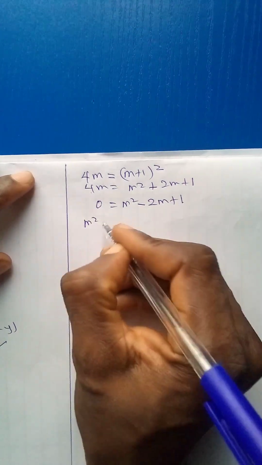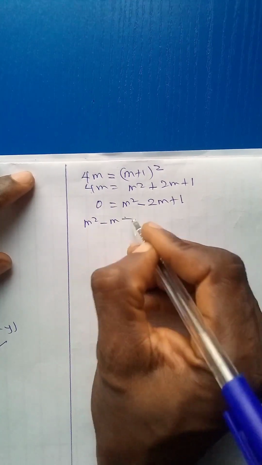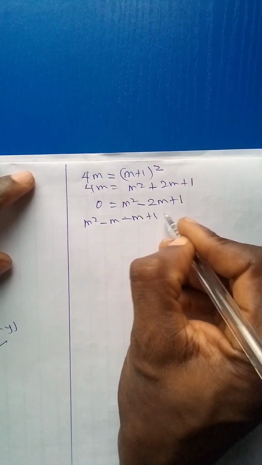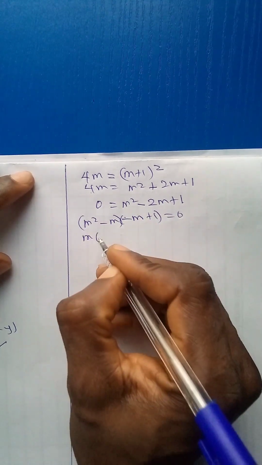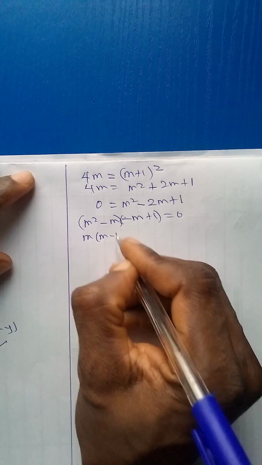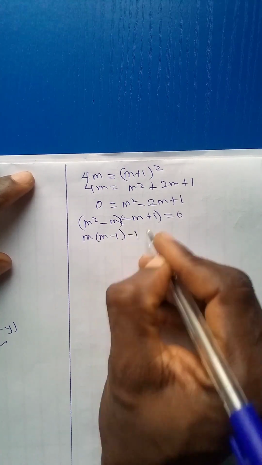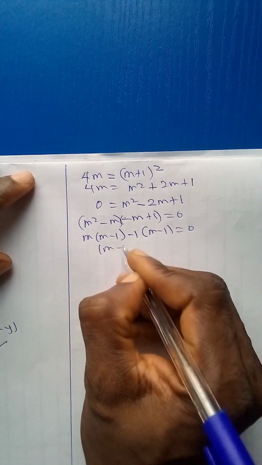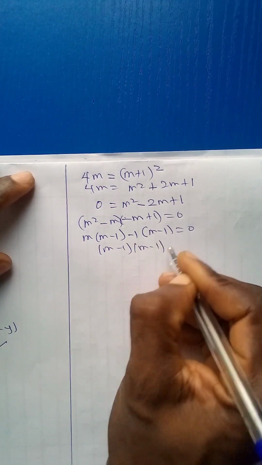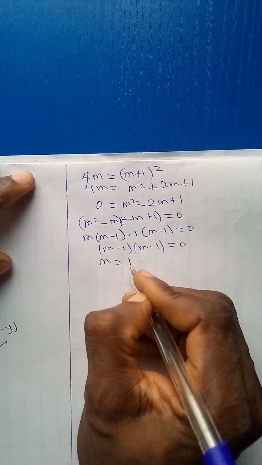So I have m squared minus m minus m plus 1 is equal to 0. Now group them. In the first case, m is common, remaining m minus 1. In the second case, minus 1 is common, remaining m minus 1 is equal to 0. So m minus 1 times m minus 1 is 0, and so m is equal to 1.